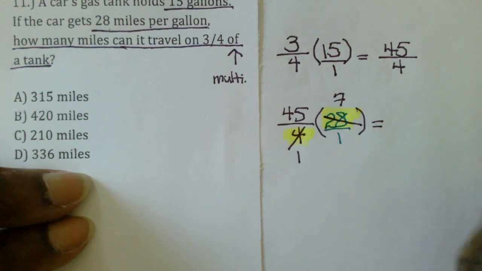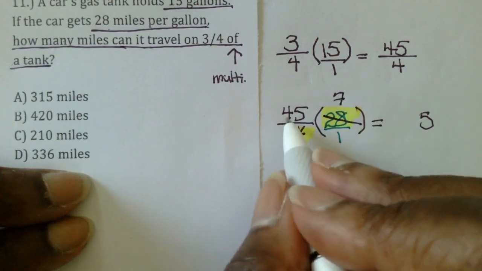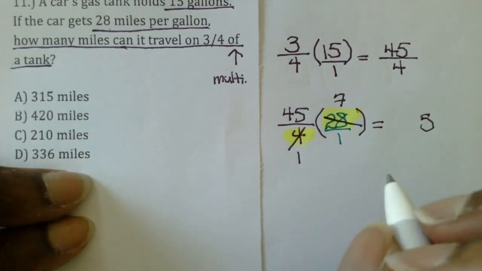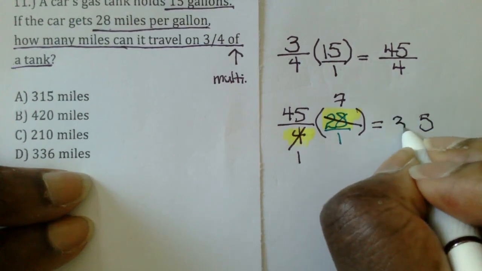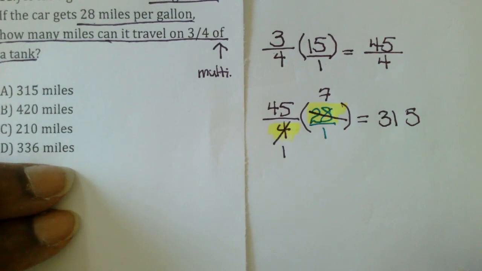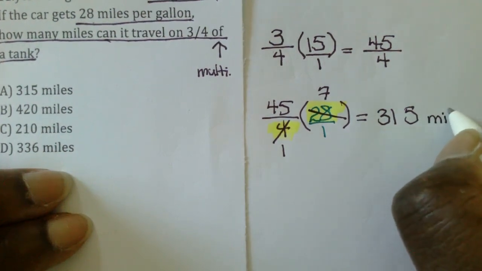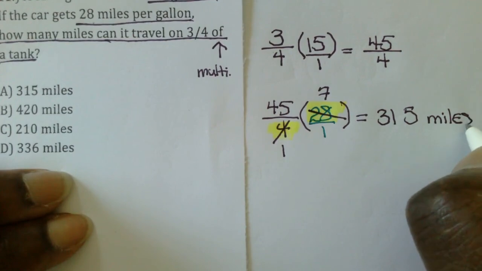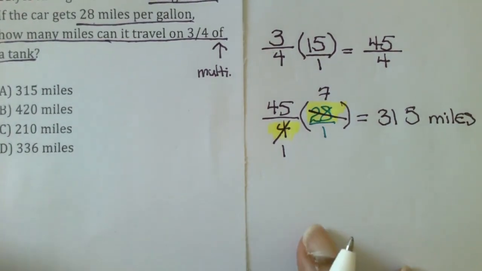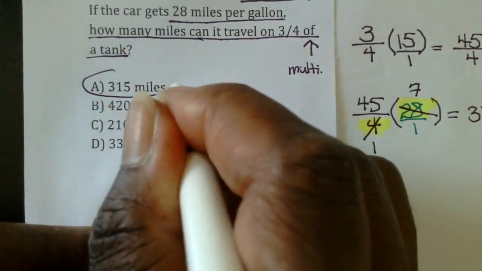So 7 times 5 gives me 35. 5 carry the 3. 7 times 4 gives me 28 plus 3 gives me 31. So I have 315. 315 what? 315 miles. So your answer is A.